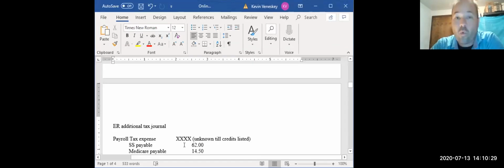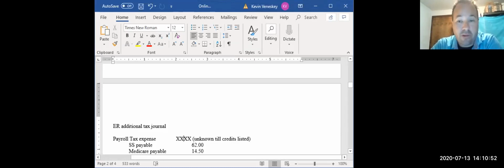We're going to have one debit, just like how we did above with wages expense, because we knew what that was. It was $1,000. We're going to have one debit here. It's just we don't know what it's going to be until we do all of the credits, until we figure up all of the different amounts that the employee has earned or that the employer owes.